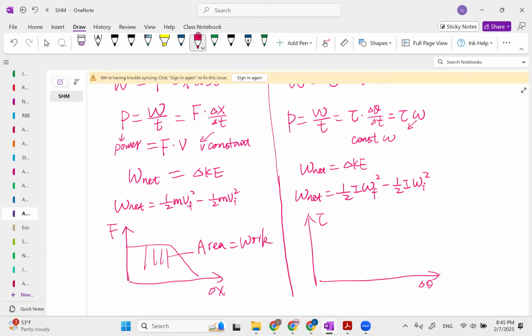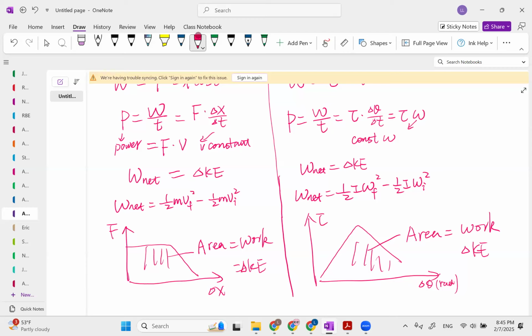Torque versus theta. The area, what does it give you? You get work or change in kinetic energy. Does it make sense? If it's net work, right? Write down. That's how you compare, right?